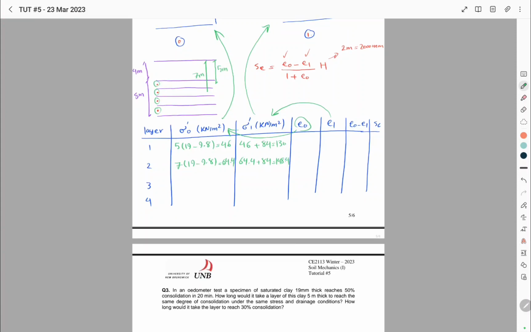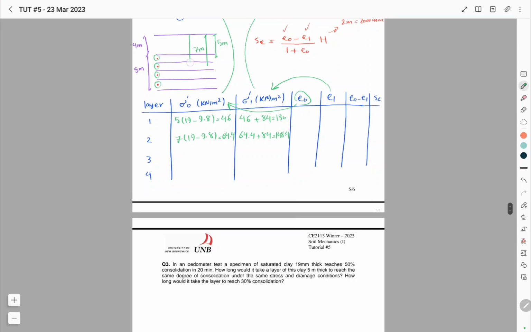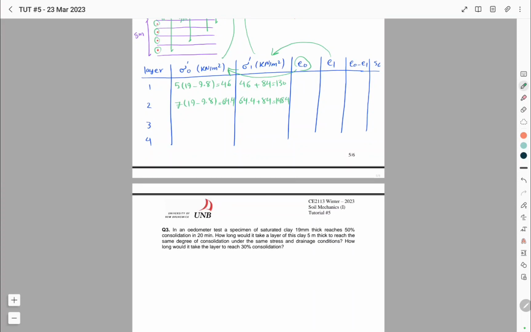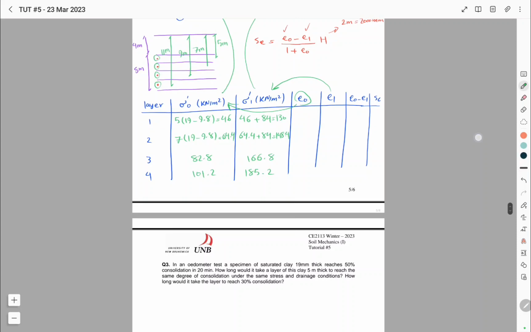And the next 2 layers, we use the same method. This is 9 meters, this is 11 meters. I'm just gonna write the values. This is 82.8, and this is 166.8, this is 101.2, this is 185.2.